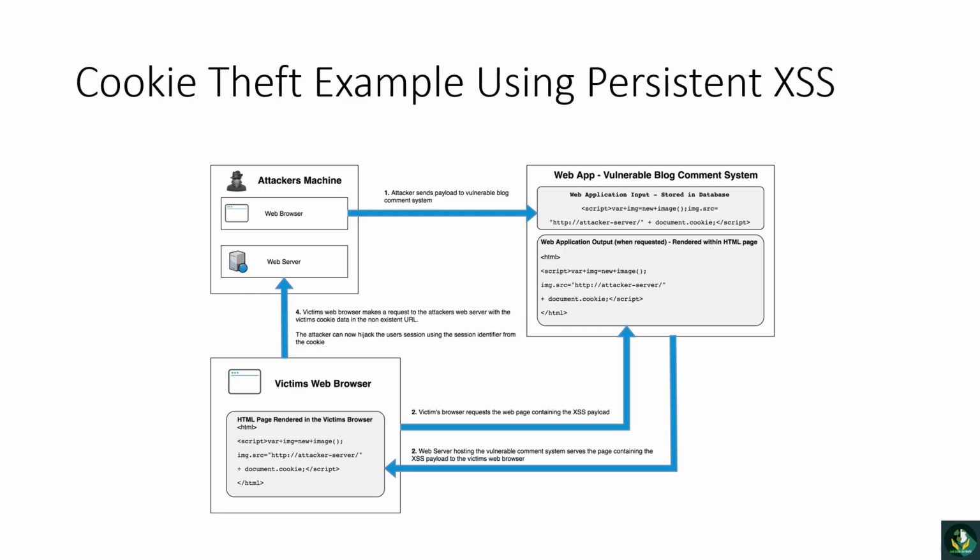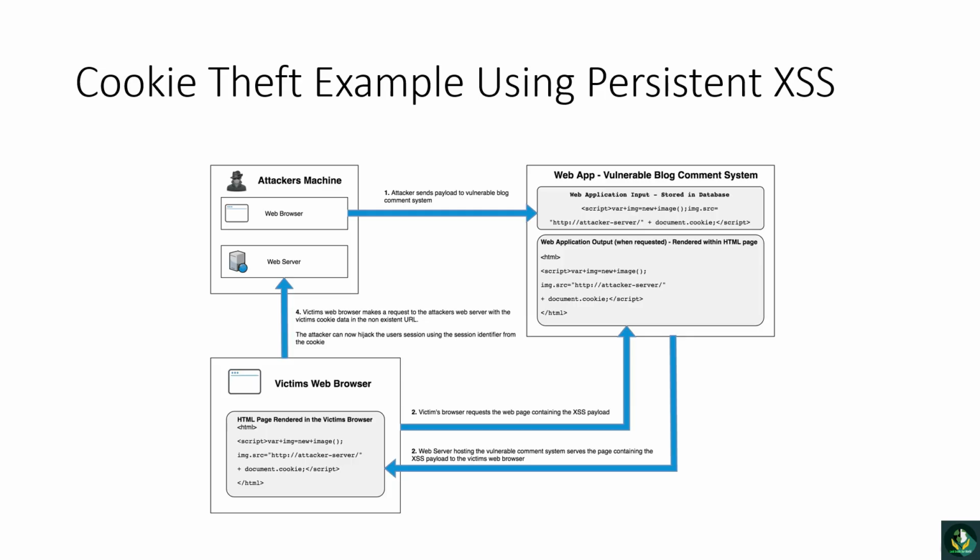So first, the attacker sends the XSS payload to the victim, which is the HTML script. Then the victim requests the page from the server. Either the attacker tricked the victim into visiting the page, or the XSS payload is on a popular page.